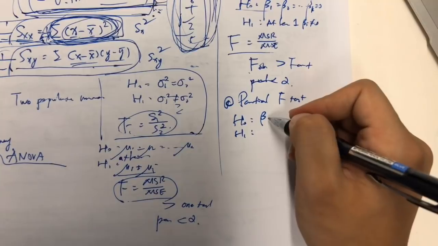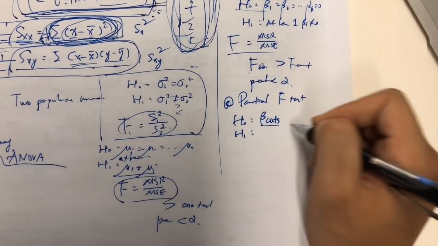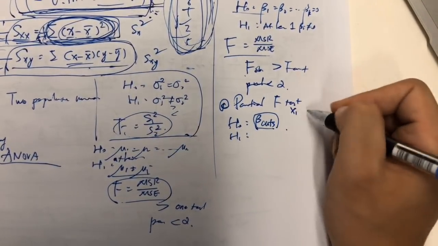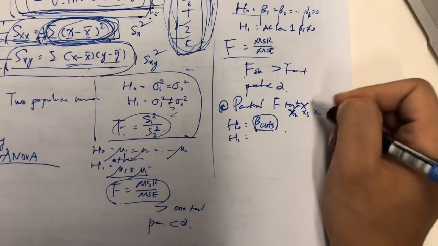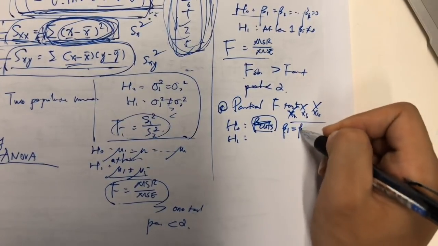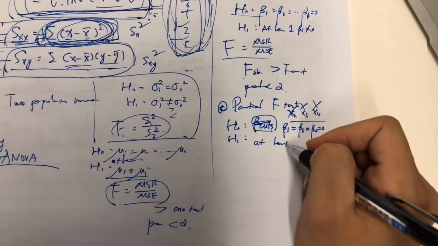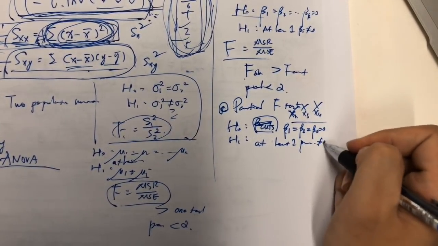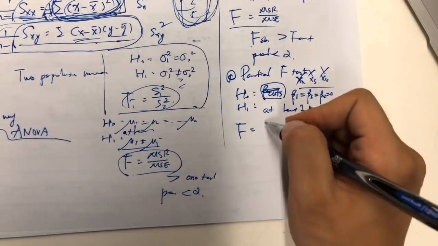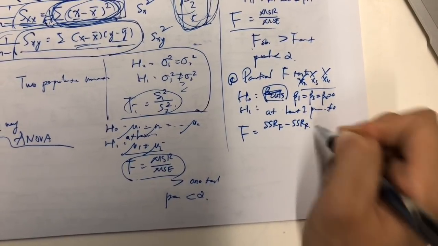So we can say all the beta cuts, but if it is asked in your exam, you need to say, for example, you cut x1, x3, and x4 from the model, so you need to test whether beta 1, beta 3, and beta 4 jointly equal 0, and whether at least one of those betas is not equal 0, right? And this F statistic is constructed by the SSR of the full model minus the SSR of the reduced model, or restricted model.